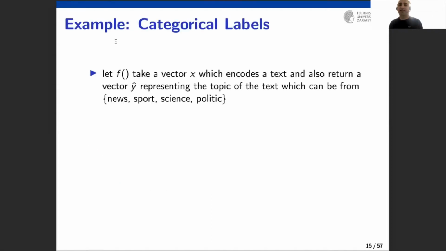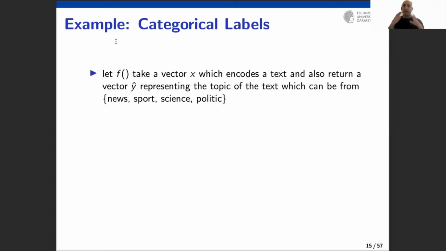Okay. Let's look at some examples. Let's assume that we are given a text and we want to predict what the topic of the text is. So our model is a function f that takes a vector x. Let's say we have a vector representation of the text, and it returns a y-hat representation, the topic of the text, which can be news, sports, science, politics.